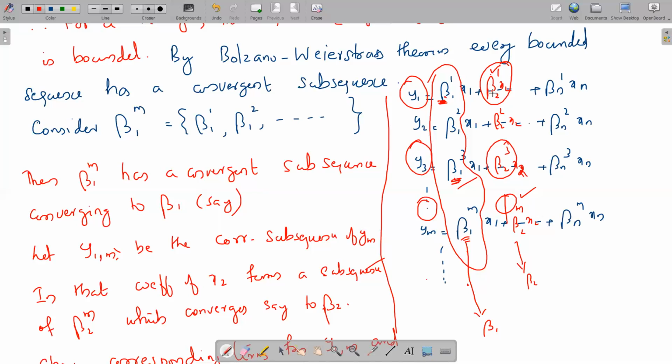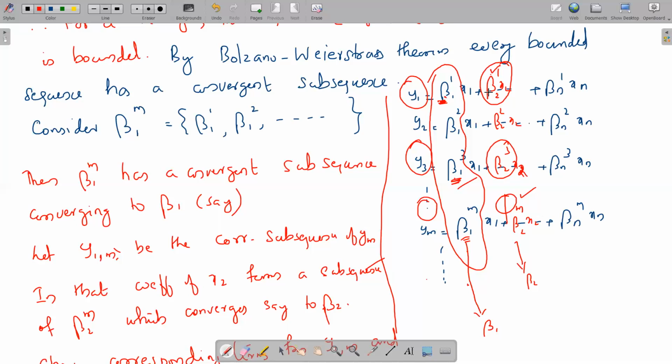So the coefficients of x2 in y1m form a subsequence of beta 2m. Since the sequence beta 2m is bounded, the subsequence is also bounded. That subsequence has a convergent subsequence, say converging to beta 2. Right?